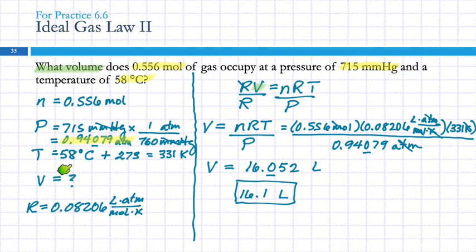Well, so the rule for adding is fewest number of decimal places, right? So this has 0 decimal places. It ends in the ones place. And what we're adding also ends in the ones place, or it could have 2 decimal places if we use the more precise value. But our initial temperature is what's going to limit things. So our converted temperature will also end in the ones place.